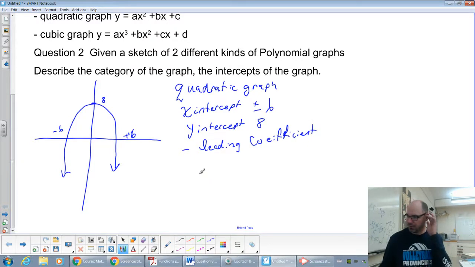Okay, so something like that. You'll get two of them. There's quadratics, cubics, constants, and linear, so there's 4 possible ones. I'm not going to do all 4, but you'll get 2 of them. Okay, then question number 3 is a linear scatter plot.